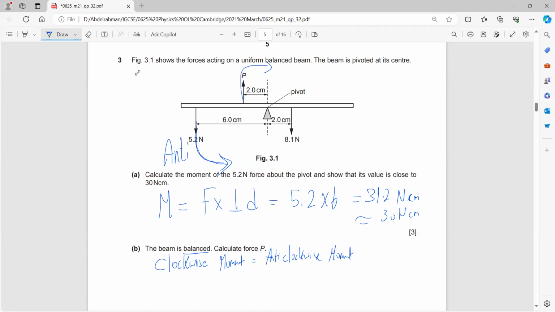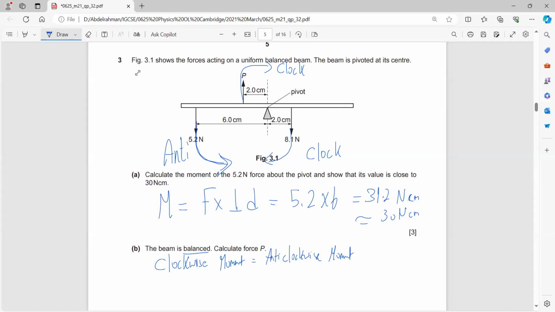Clockwise. 8.1, is it clockwise or anti-clockwise? Clockwise. So now I have two clockwise moments and only one anti-clockwise moment. The 5.2 is the one we calculated, which was anti-clockwise.